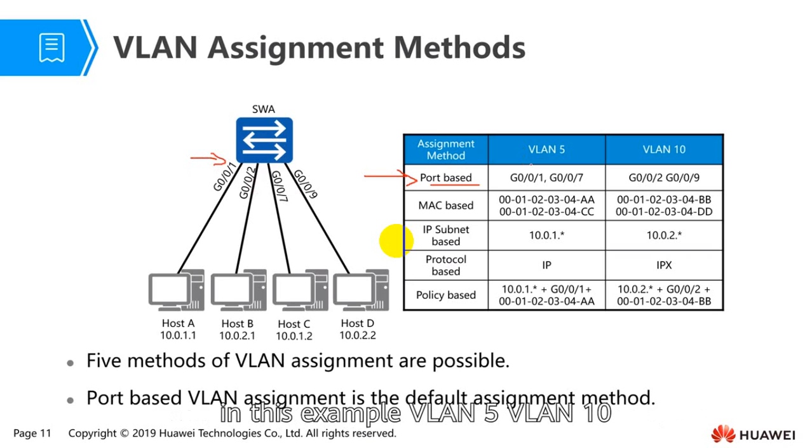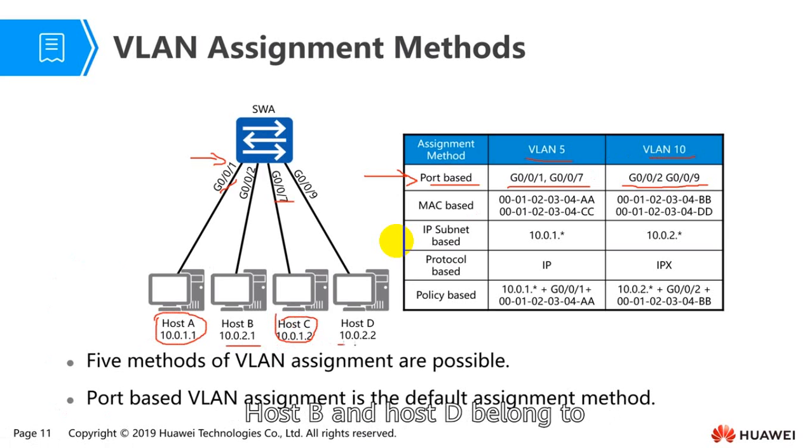For example, in this example, VLAN 5 and VLAN 10: interfaces 1 and 7 belong to VLAN 5, and 2 and 9 belong to VLAN 20. So host A and host C belong to one VLAN, that's one broadcast domain. And host B and host D belong to another broadcast domain.